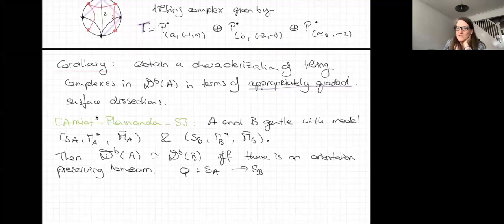So we get exactly the converse to the Haiden, Katzarkov and Kontsevich result and extend it to infinite global dimension. But actually we also give an algebraic proof of both directions for this result.